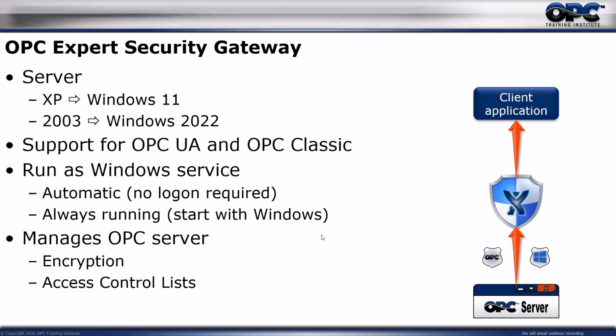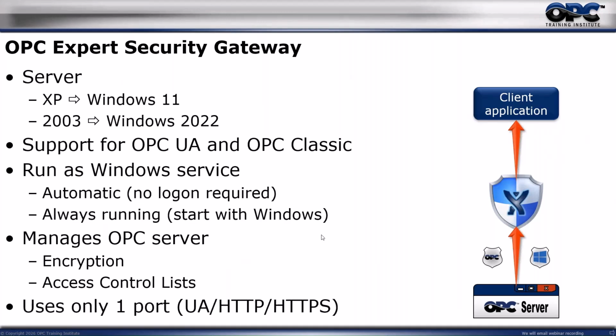And it enables you to manage the OPC server encryption and also the access control list. As I said earlier, with the access control list, I can say who is allowed to do what to whom. So I can say user 1 is able to read this, user 2 is able to read that. And they may have something together, they may not. And of course, using only one port.